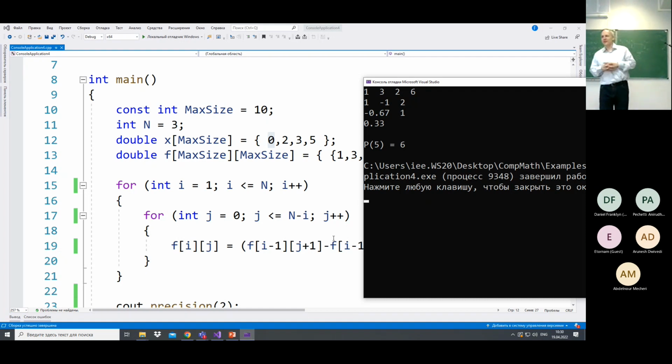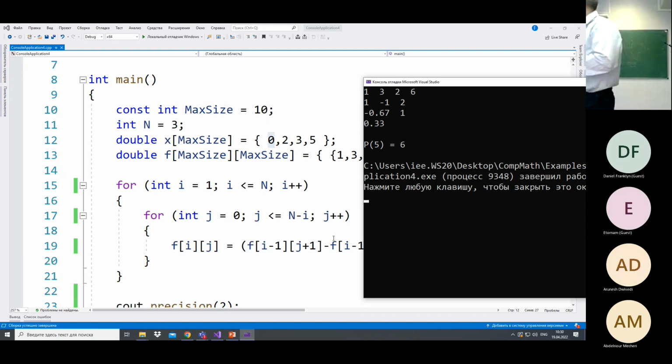But after we find these polynomials, the next question is how to compute the value of this polynomial. Because here it's just a formula that is written on a board. But I want to compute the value of this polynomial.